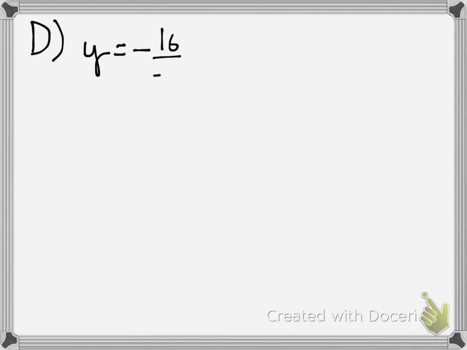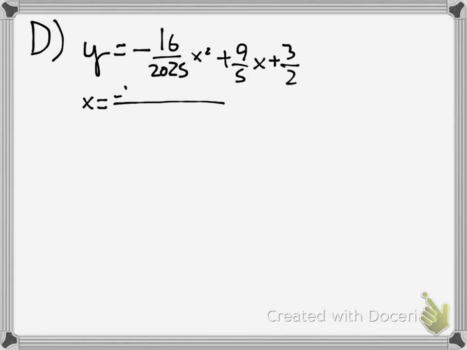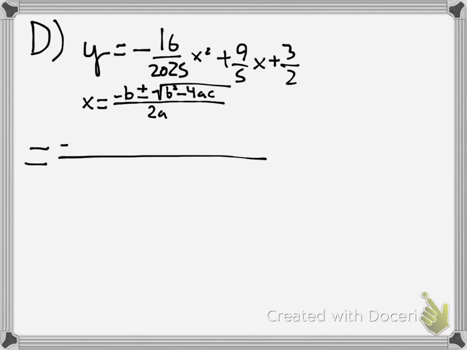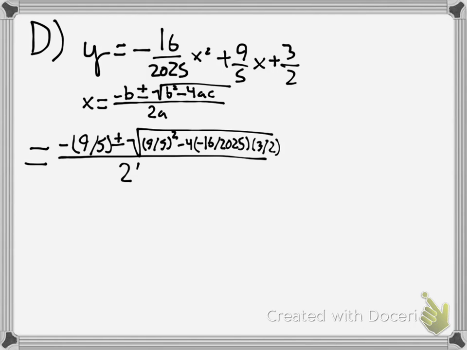With D, be sure to rewrite it. Here we go. With D, we want to use this formula: x equals negative b plus or minus square root of b squared minus 4ac, all over 2a. And now we want to plug in what we have.